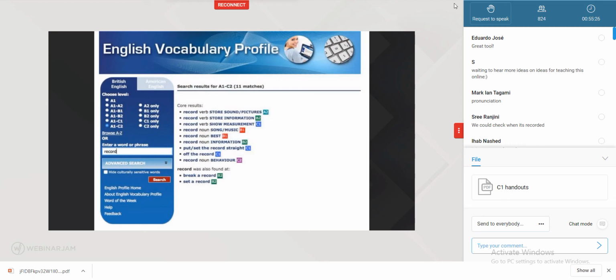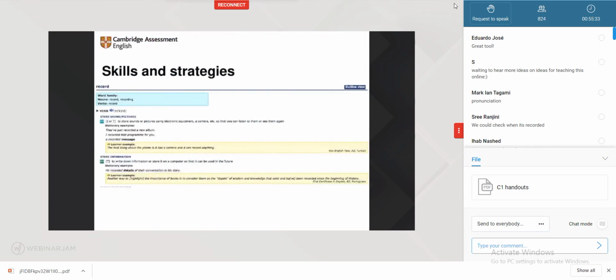We need to remember that. Also, as you can see on the next slide, you have, apart from the pronunciation, the definition, examples of how to use it, and also learners' examples. So I think it is a great learning tool.